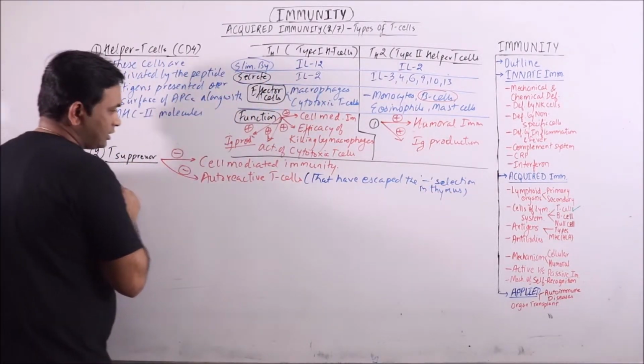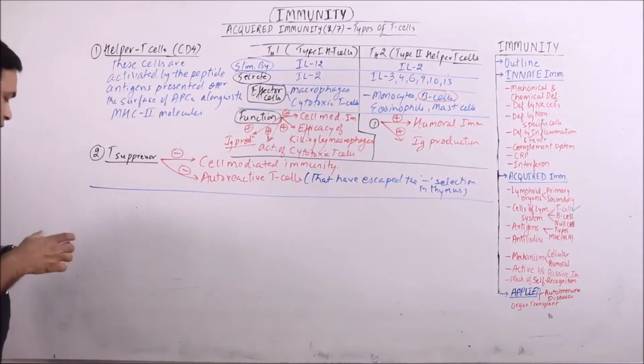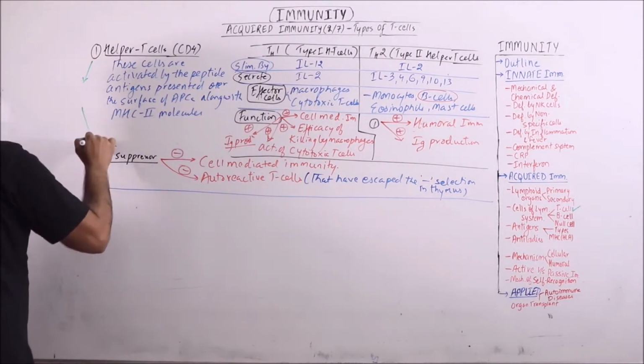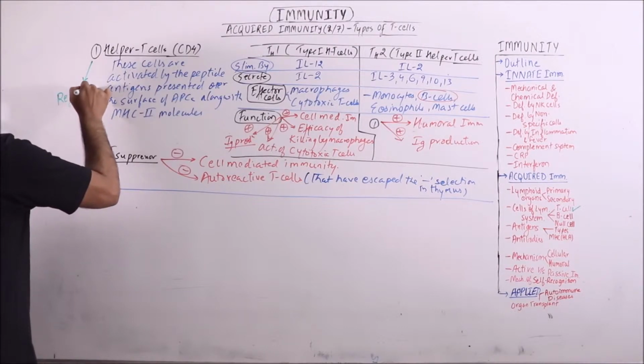These two types of cells, that is helper T cells and suppressor T cells, are collectively termed as regulatory T cells.